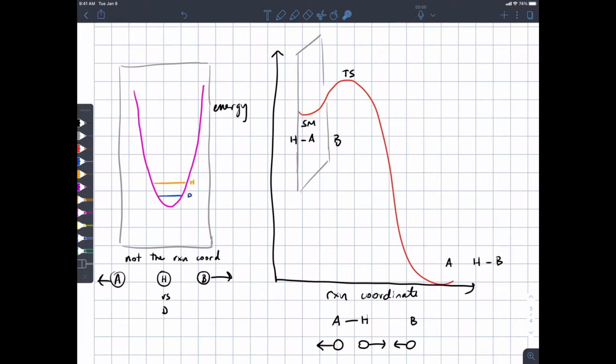This is kind of important. We're in the two-dimensional energy diagram, we're ignoring all other motions except for the one that leads from starting materials to products. But we're recognizing that along that trajectory, we can take a slice perpendicular to it and see energy wells.